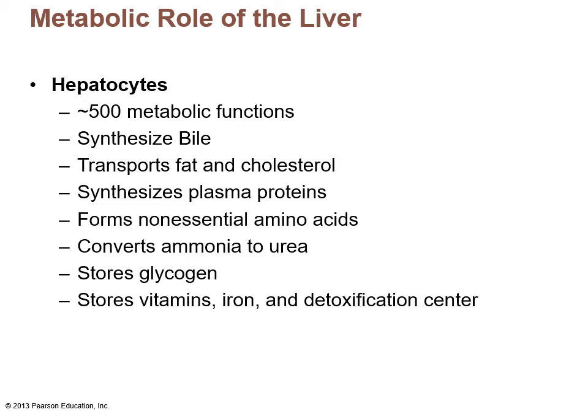Proteins, when they're broken down, are actually going to be converted into that nitrogen group in the protein will be converted into ammonia and then to urea. And we'll talk about that in a minute. The liver stores glycogen, and it also stores vitamins, iron, and is a major detoxification center in the body.